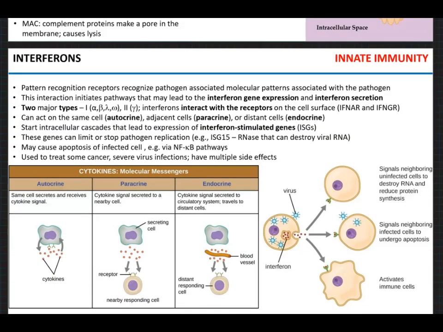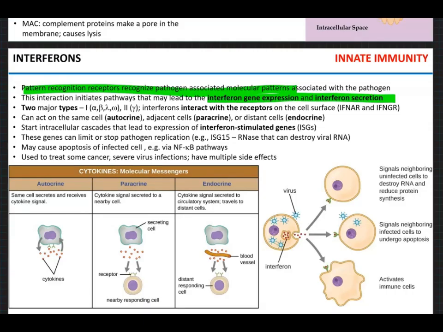The last bit that we're going to talk about is interferons. So there are two types. These are proteins. Okay, let's highlight the important points. They are proteins, okay? So when pattern recognition receptors on the infected cell or in the infected cell recognize the pathogen via recognition of PAMPs, that recognition triggers the pathway that often results in the expression of the interferon gene and production of interferons.